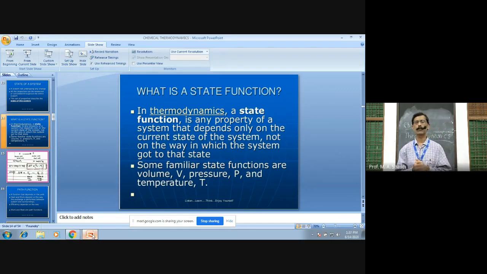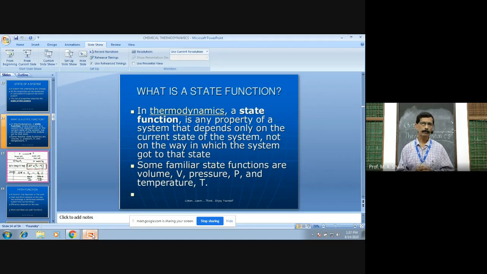What is a state function? The question is given on the slide. Students, a state function is nothing but a thermodynamic property. Which thermodynamic property is called a state function?